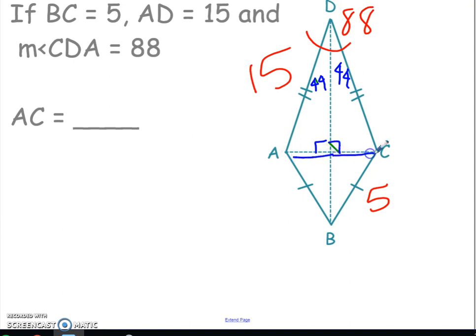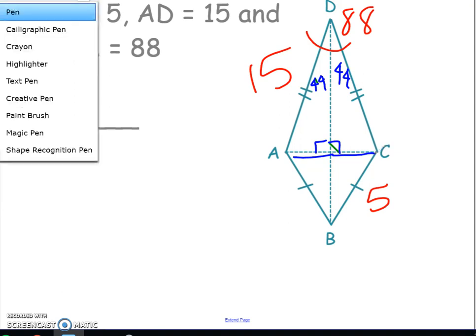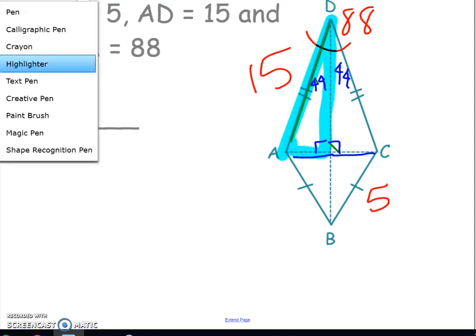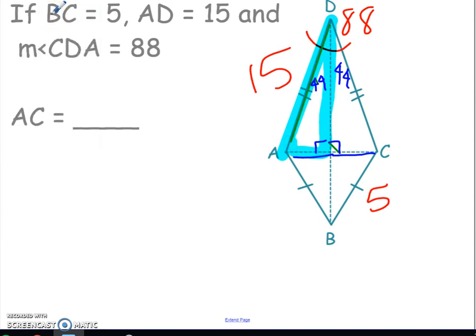So I can use this triangle. And I have an angle and a side.